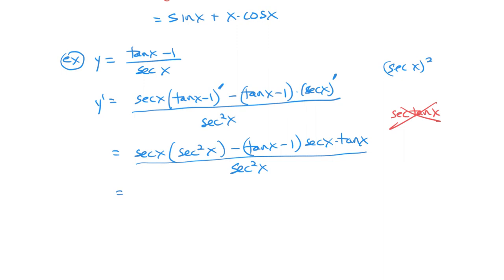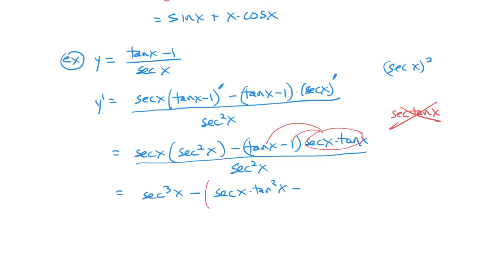Okay, so if I multiply here, I get secant cubed x minus, now this is one term, right? And it's going to come through here and here. I also have to be careful about this negative. Okay, so I'm going to keep the negative here. And then just to make it clear, I'll distribute first. Okay, so I'm going to get secant tangent times tangent, which is going to be secant x times tangent squared x.